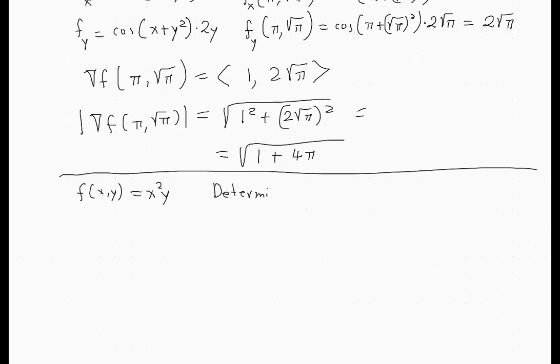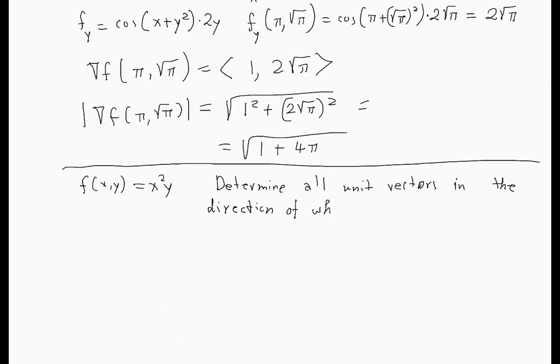That usually entails a normalization. In the direction of which the rate of change at 1 comma negative 1 is 0.